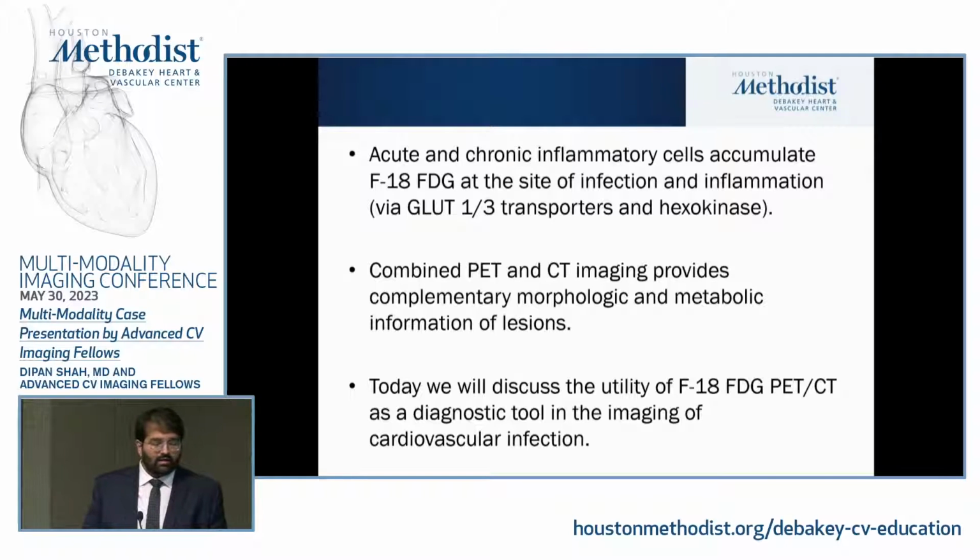They do this via transporters called GLUT1 and 3 and hexokinase, amongst many others. Combined PET and CT imaging, which is what we do here for our PET imaging, provides combined morphologic and metabolic information about lesions. So today we're going to talk about F18 FDG PET as a diagnostic tool for infection.